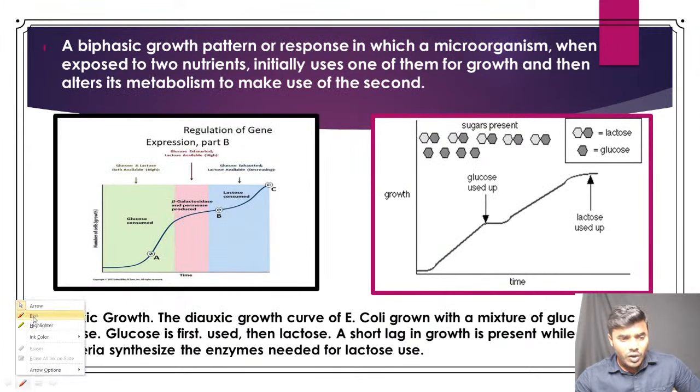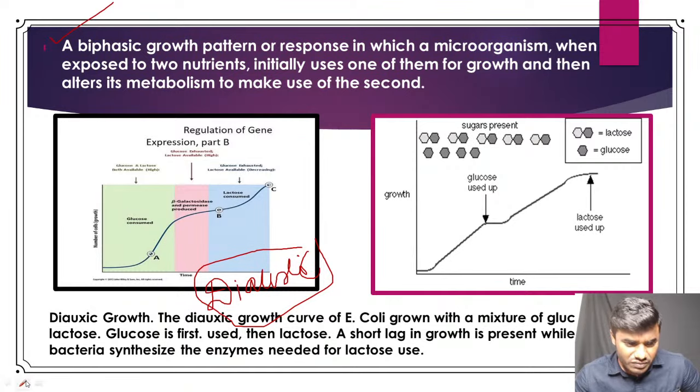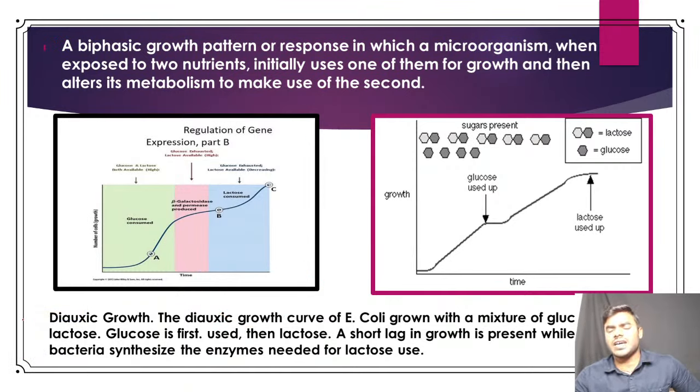Now we all know very well, friends, and we got the question also in the exam, that is the biphasic curve. Most of the time we can call it the Diauxic growth curve. All the students remember what kind of question they can ask in the exam: in which of the following growth curves can multiple lag phases be observed?